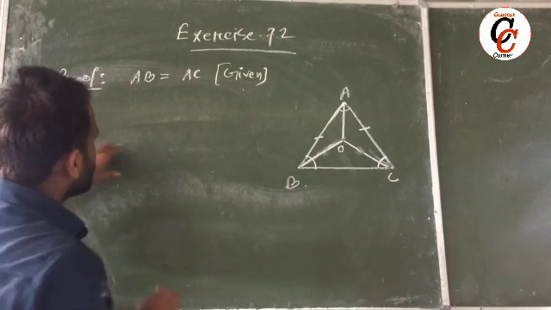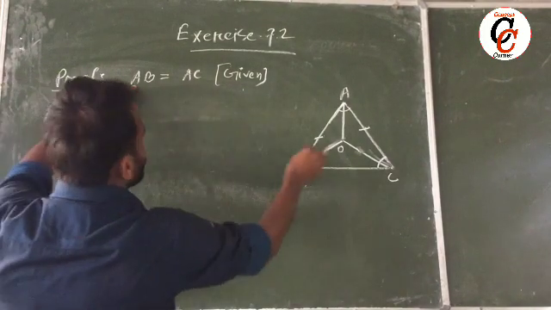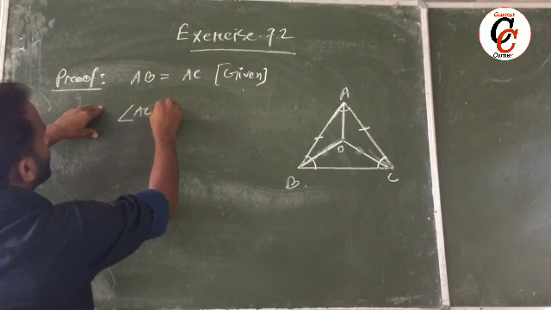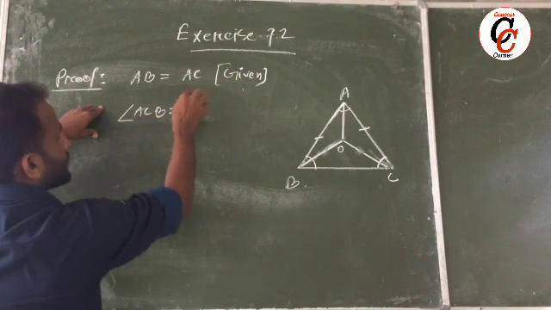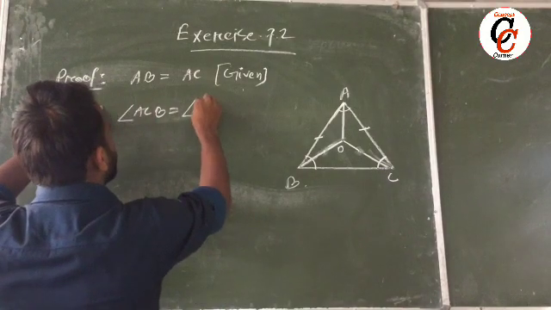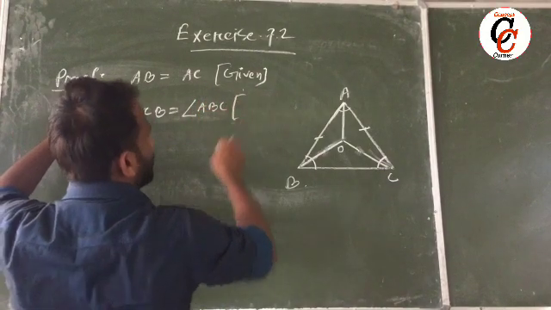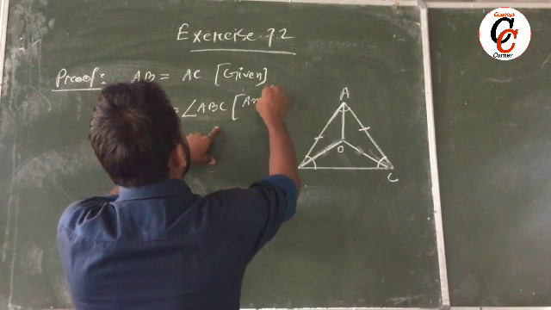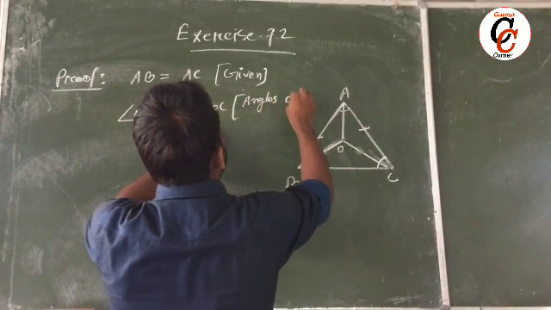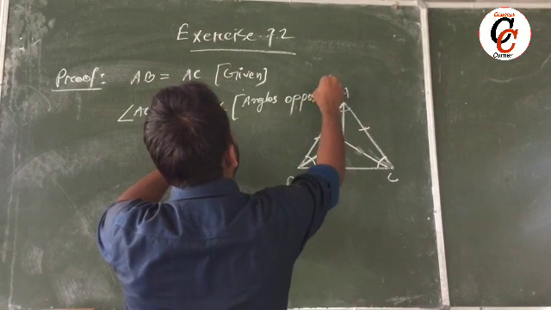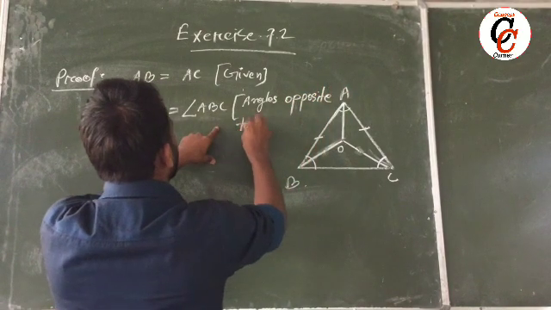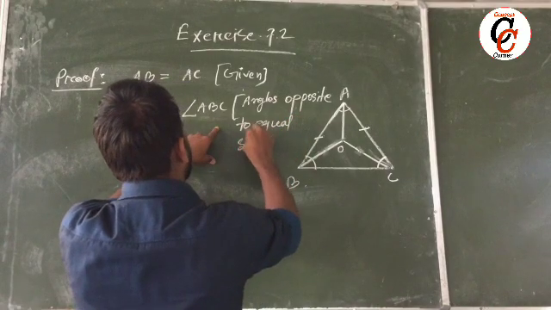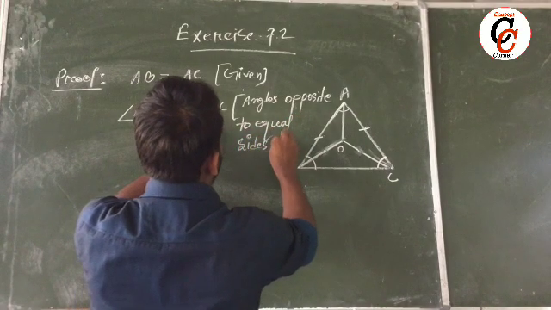So we can write, the opposite angle of AB means ACB is equal to the opposite angle of AC means ABC. Why are they equal? Angles opposite to equal sides are equal.